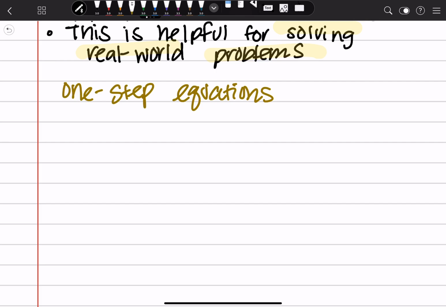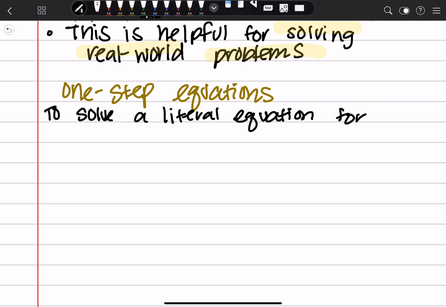We're going to do a recap, and then we're going to show you how to do it as a literal equation. But first, let's write down: to solve a literal equation for one variable, use inverse operations.